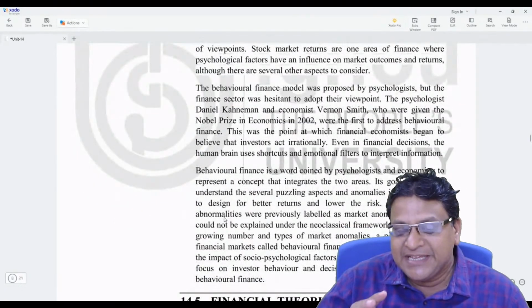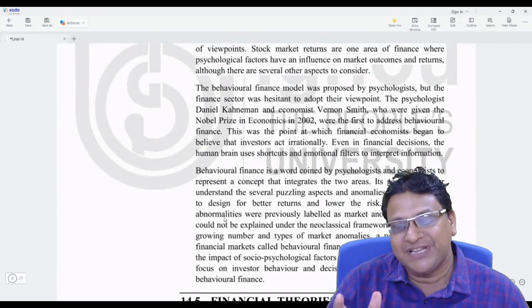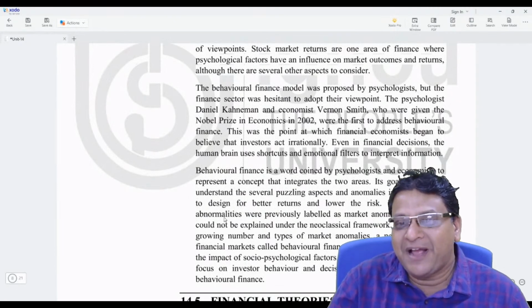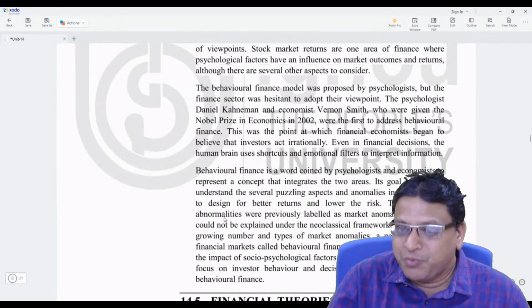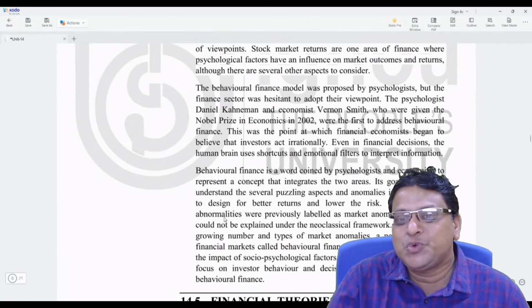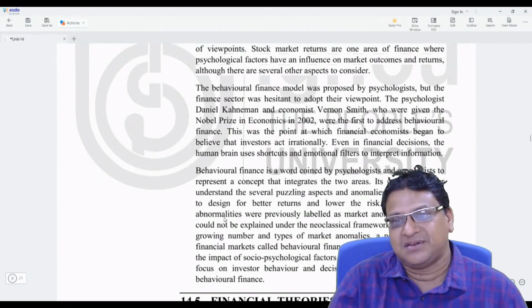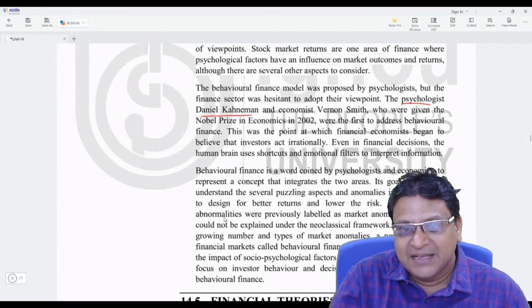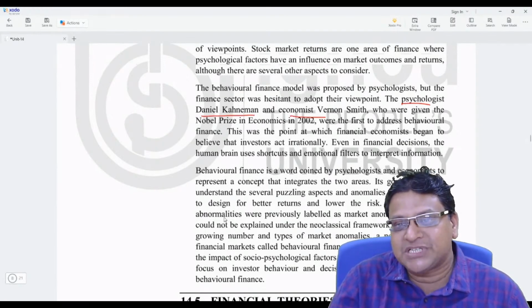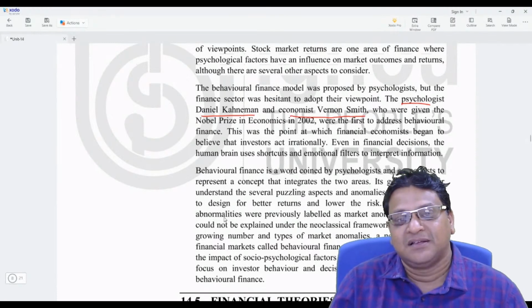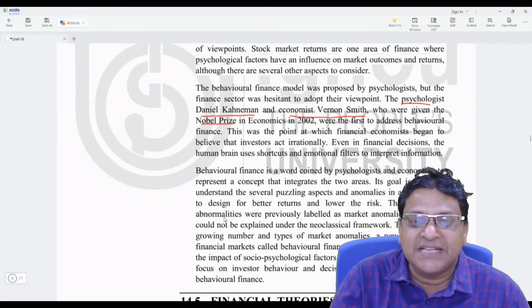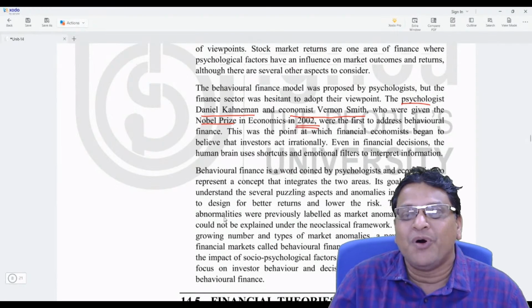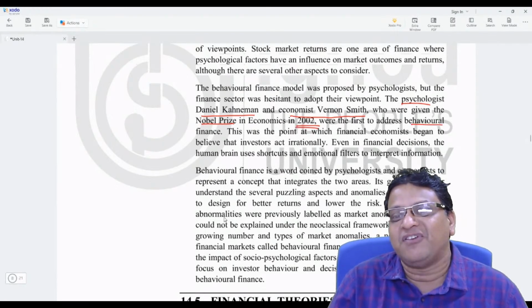Behavioral finance is of recent origin, and it gained popularity when two professors, the psychologist Daniel Kahneman and the economist Vernon Smith, were awarded the Nobel Prize in 2002 for their work in behavioral finance.